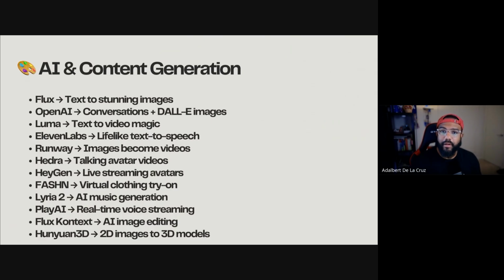Luma creates videos. 11 Labs does text to speech, which I honestly just used not too long ago, and chef's kiss, it was a wonderful experience using it on Ohara. Runway turns your images into videos. Hedra lets you create talking avatars, and I am a huge fan of Hedra.